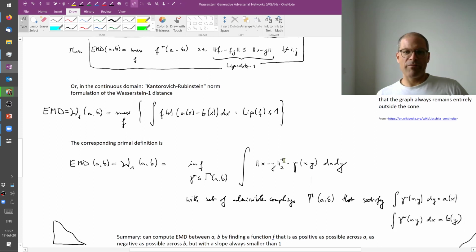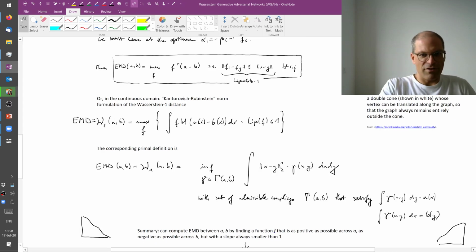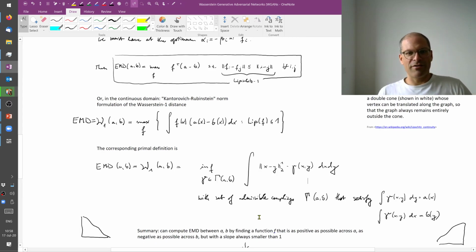And we want this Euclidean distance weighted by the coupling to be as small as possible. We're looking for the best coupling. And so these equations, or the definition of the Wasserstein 1 distance, rely on this cost function being given just by the Euclidean distance.